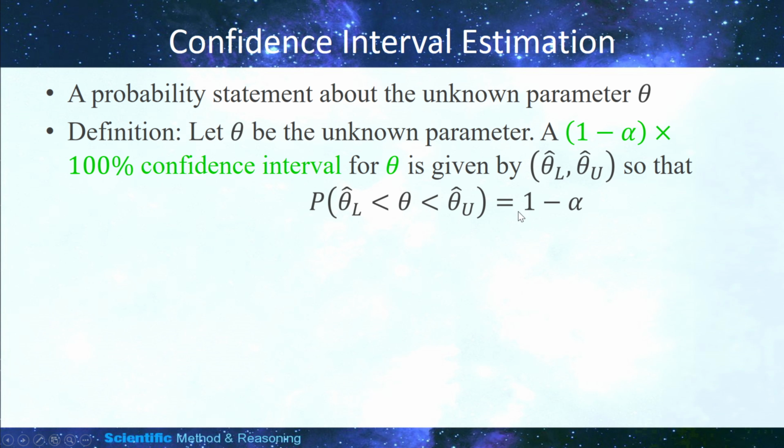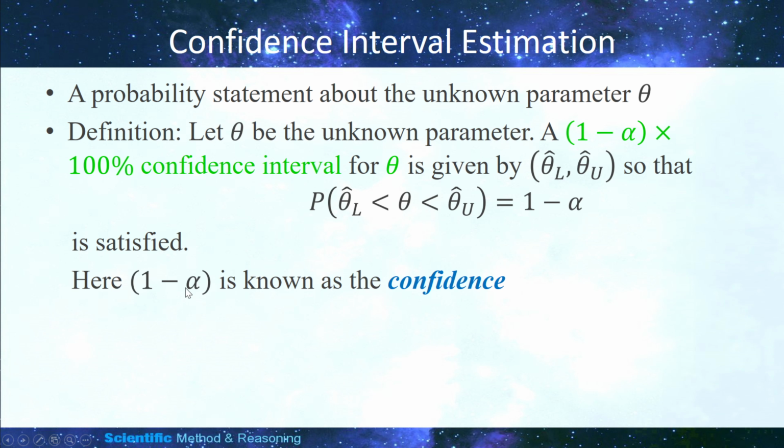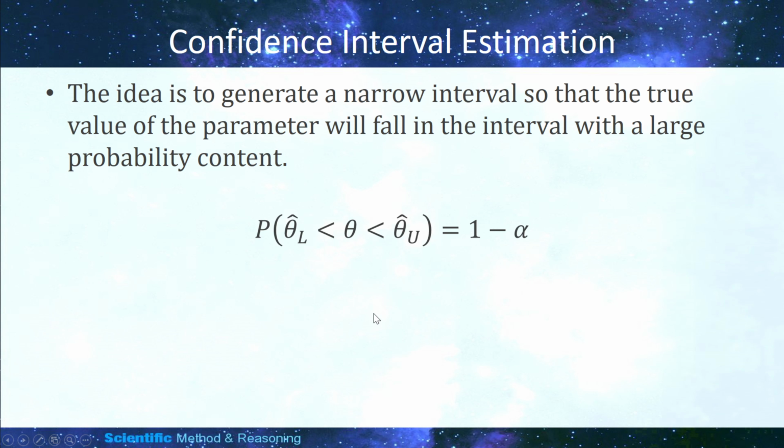So we would like to generate a probability argument such that the true value of theta falls in a narrow interval with a high probability content. Okay, and here 1 minus alpha is known as the confidence coefficient. And the idea is to generate a narrow interval so that the true value of the parameter will fall in the interval with a high probability content, 1 minus alpha.